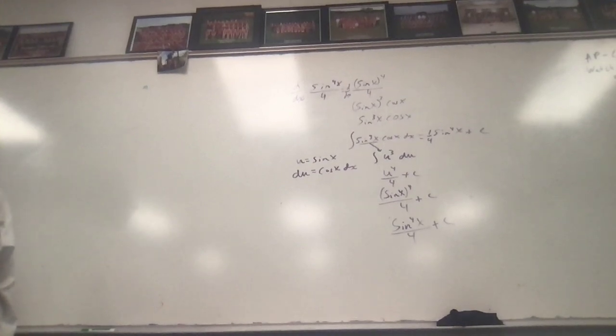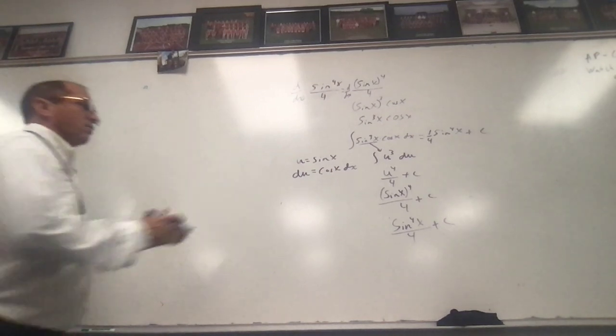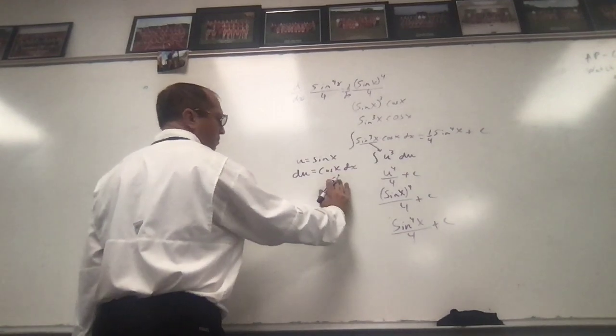Now, there are a few things that are happening here in doing u substitution problems. First off, you may not pick the right thing to be u every time. And if you go through a problem and you pick the wrong thing for u, you're going to have to do the derivative of it somewhere in there.